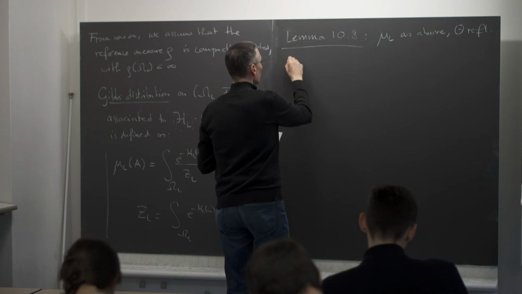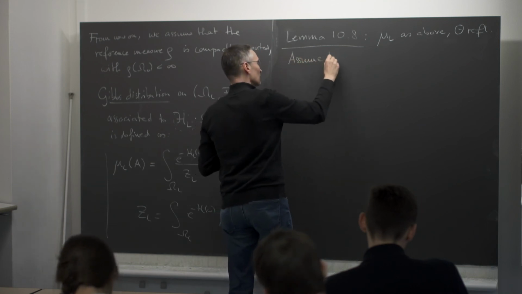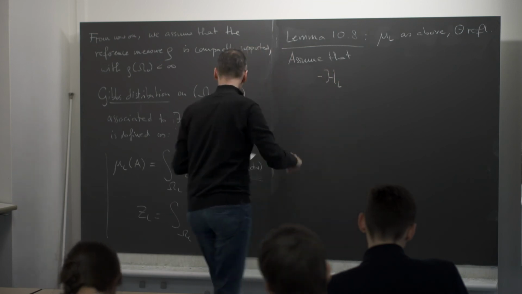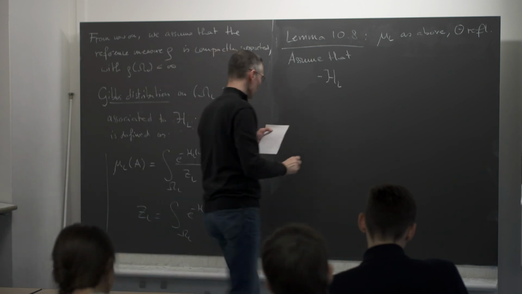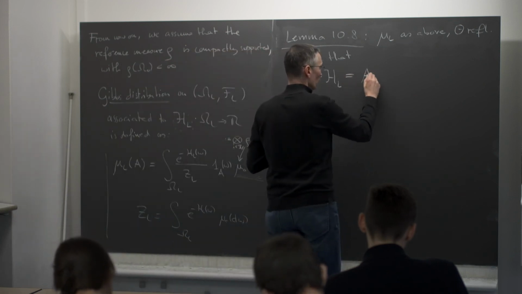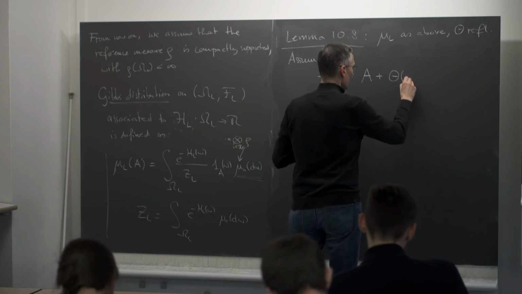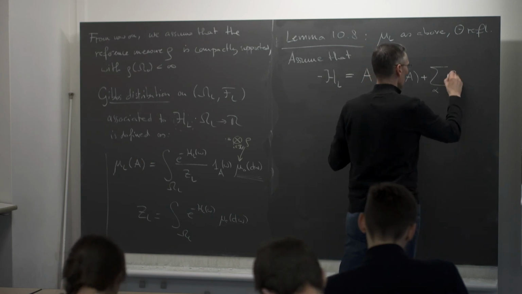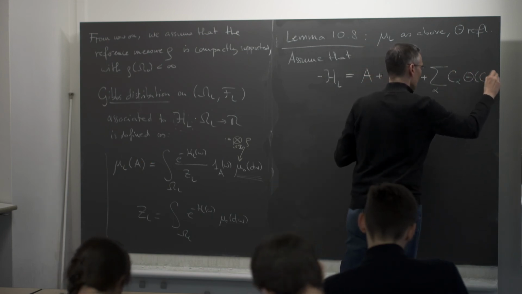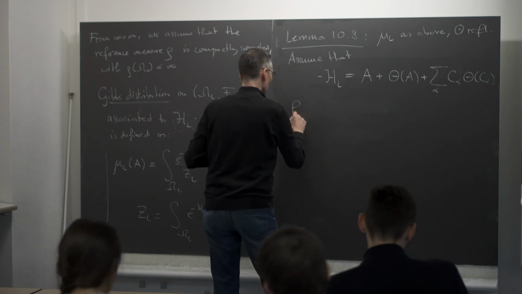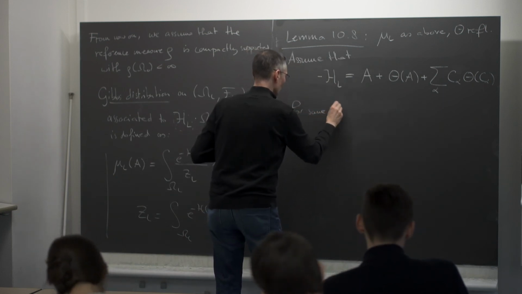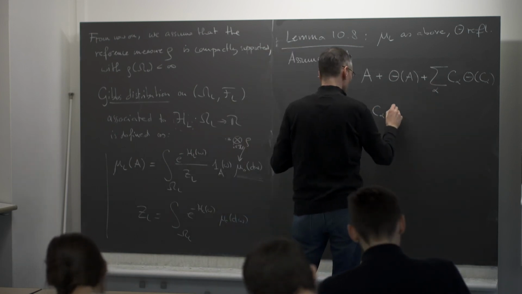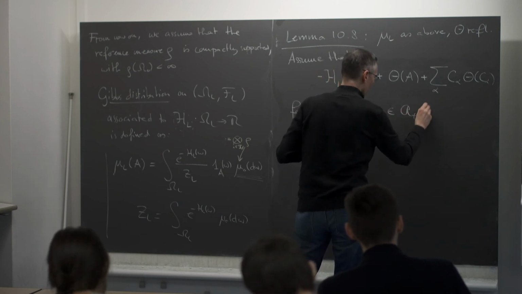Assume that minus the Hamiltonian, it's convenient because it's minus the Hamiltonian which appears here, takes the form of some function A plus its reflection theta A, plus an arbitrary sum of functions of the form C alpha times theta C alpha, for some functions A and C alpha, with alpha in some index set, in A plus.